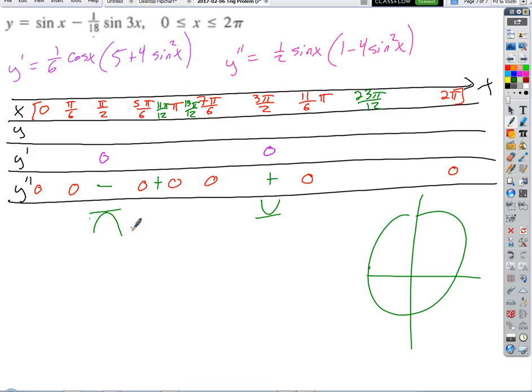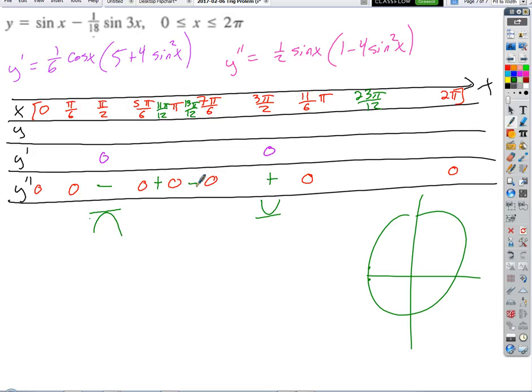What about 13/12? At 13/12, we're going to get something like right there, so a very small negative number for sine. Agreed? Over here it's being squared, so it's insensitive to the sign, so that term is still going to be positive, but this one is now going to be negative. So that makes that negative, and we get another inflection point.